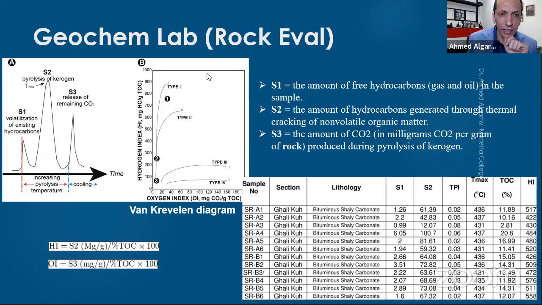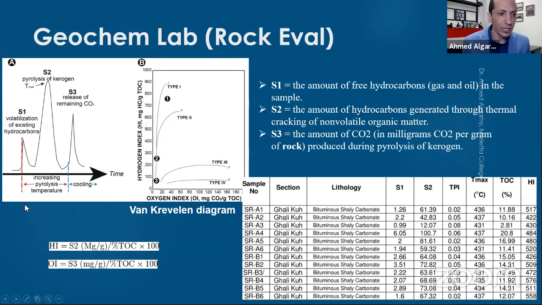Okay, here is the Geochem lab or the rock eval. As you see here, pyrolysis testing: I'm heating something until I burn it. Look, here is the S1. S1 is like the amount of free hydrocarbon, gas or oil, in the sample under testing.